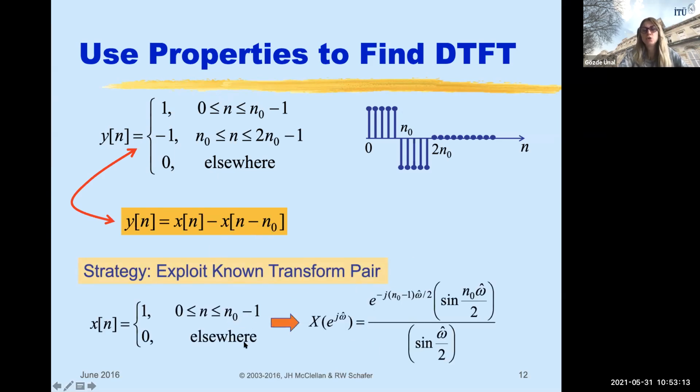This is the known transform pair: x of n is this signal, 1 for 0 to n0 minus 1, a rectangular sequence or pulse, and 0 otherwise. In the previous hour, we showed its discrete time Fourier transform is this sine over sine, the Dirichlet function, times a phase shift.